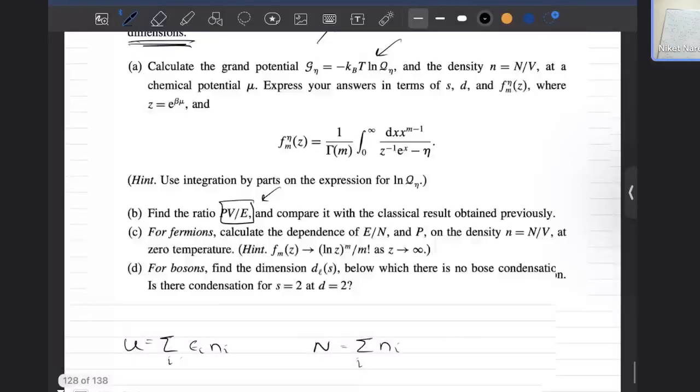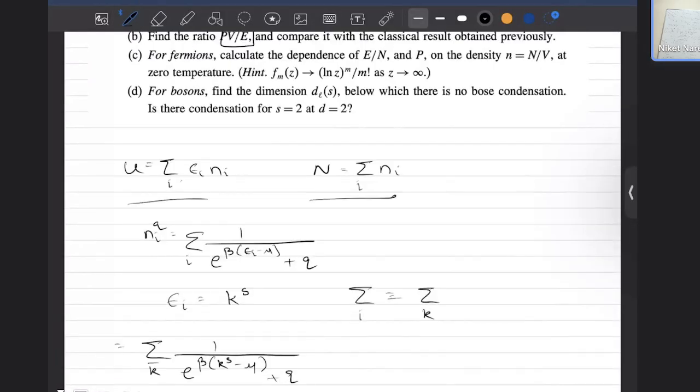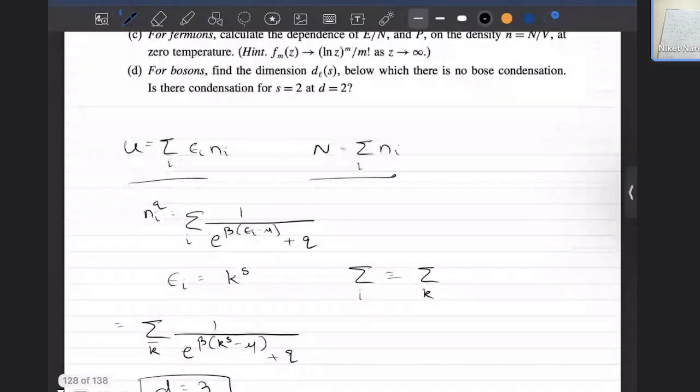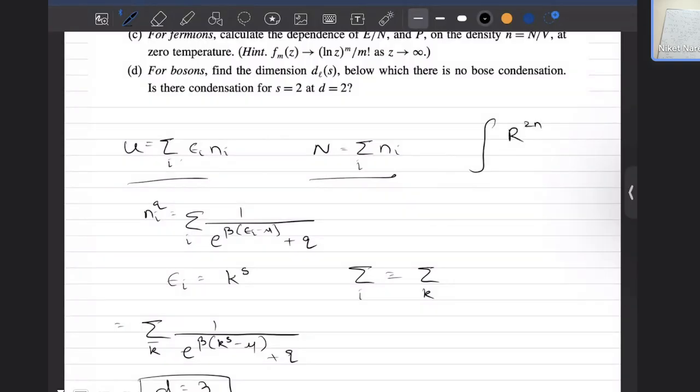So for that, what I require is U and N, which I'm trying to write down in terms of the usual integral form that we had written. We had written an integral of this form, right? r to the power 2 divided by e raised to power r squared plus q, d cube r, something of this sort, if I remember. Maybe I am mistaken. Maybe d cube r wasn't there. No, no, it was there. It was there.